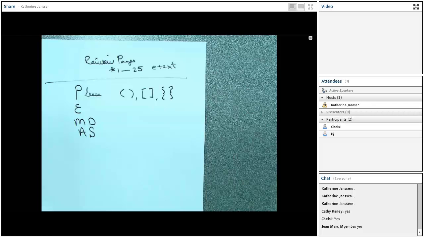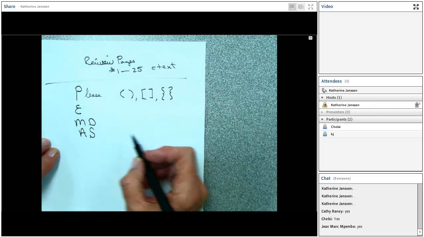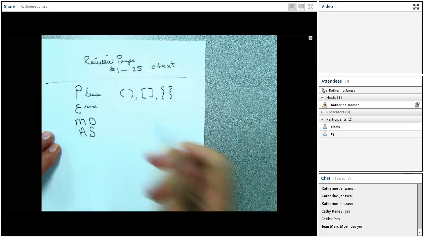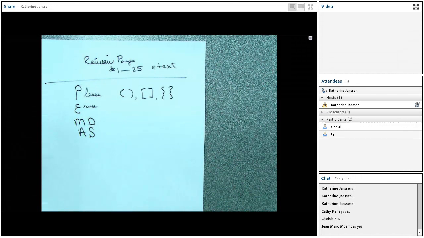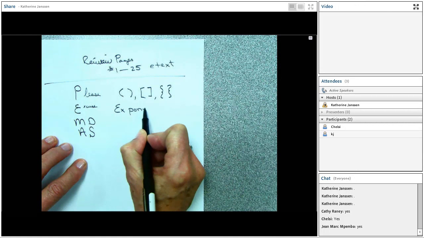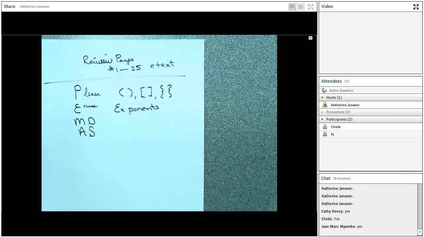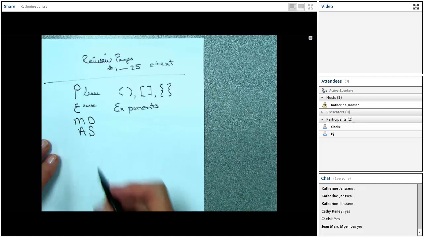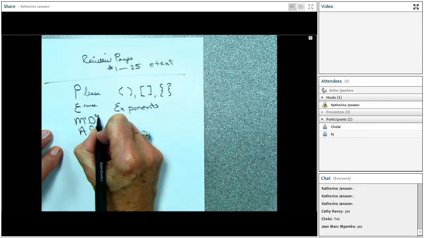Parentheses have priority. Then excuse: excuse stands for exponents. We follow with my dear.